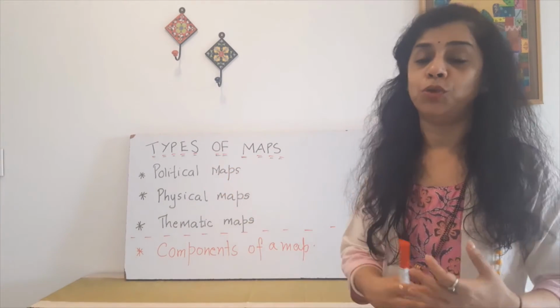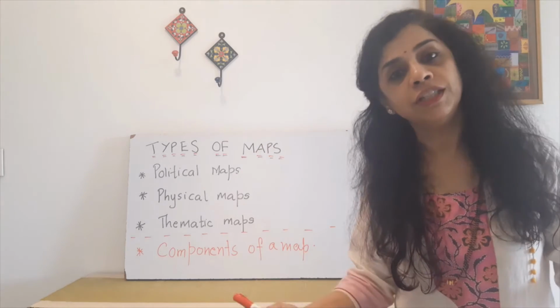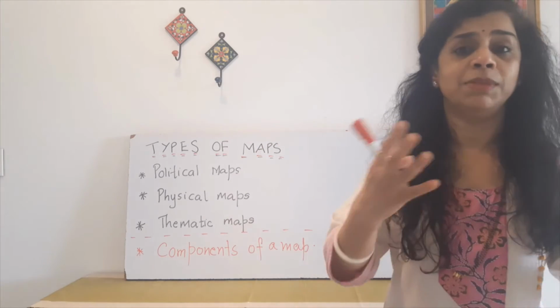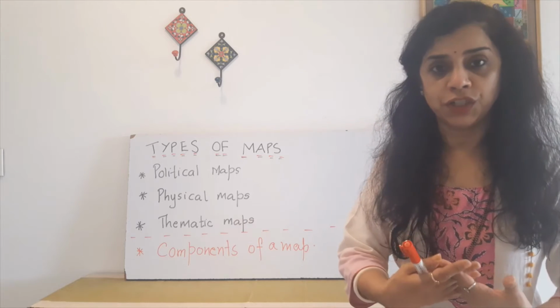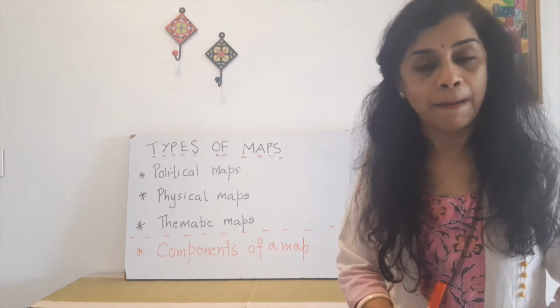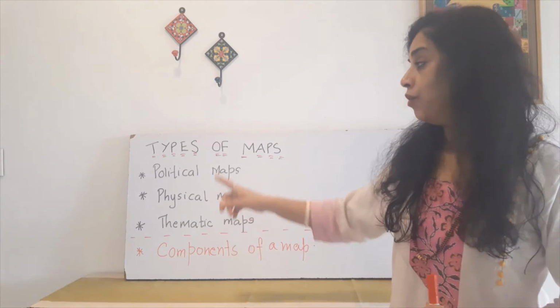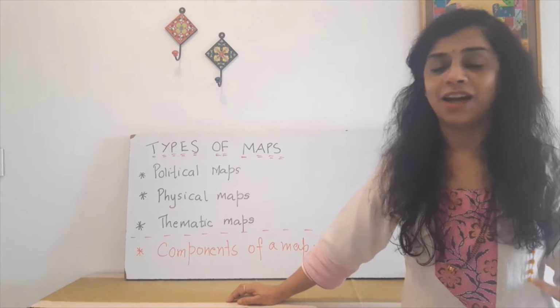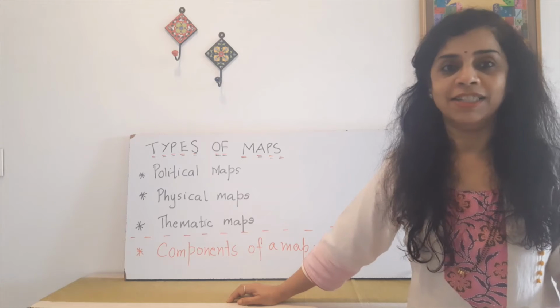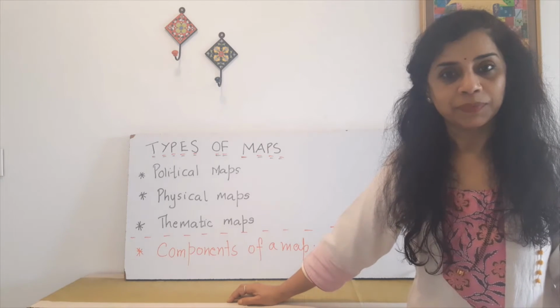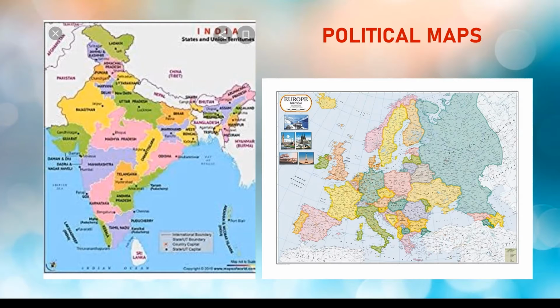Remember, on a political map, colors are not very important and colors have no meaning. Political maps show boundaries between countries, states, districts, and other political units. They also show capitals of countries, states, etc.